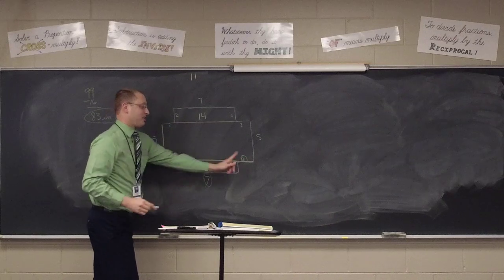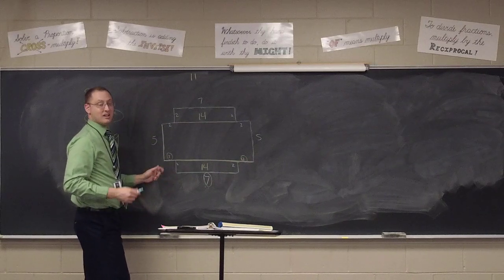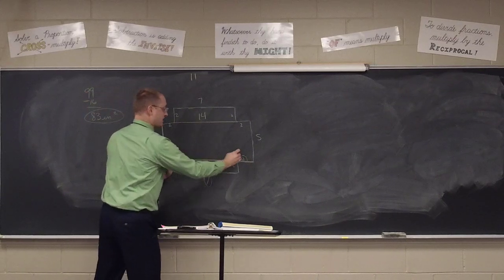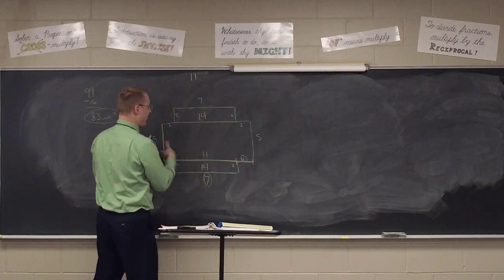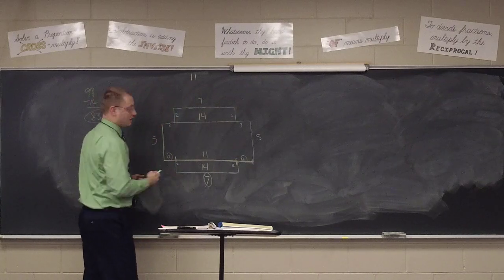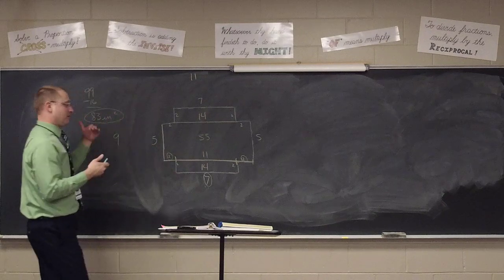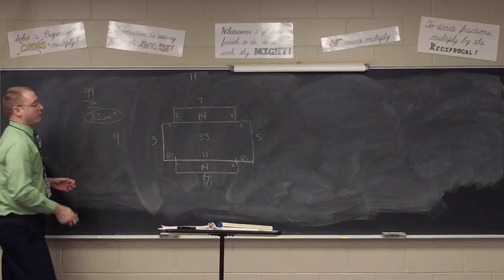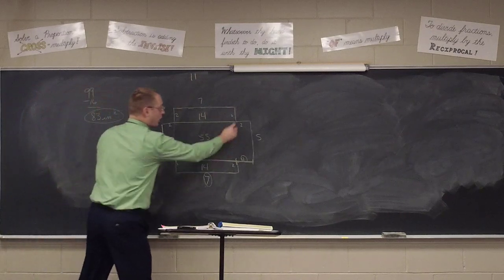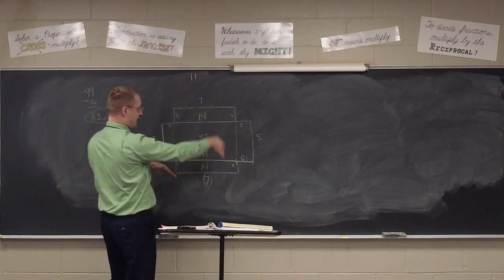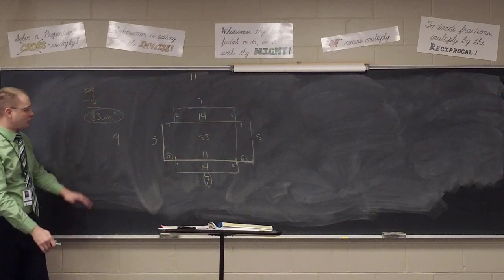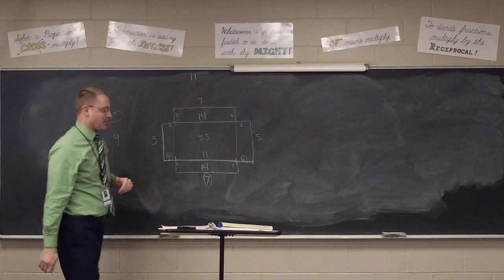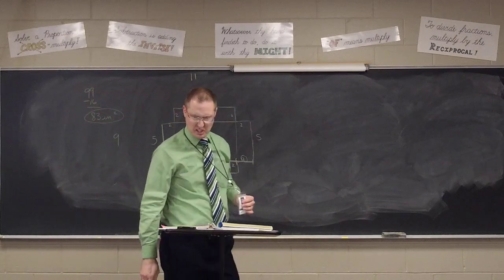All added together. Oh, 11. 11, right? There's 2, then 7 more, then 2 more. So it's a 5 by 11, which is 55. And we should have added 14, 55, and 14 together to get it. Could have also, as an alternative, drawn this to get 10 on the sides, and a 7 by 9, which is 63. So 10, 10, and 63 also would have given you 83 square inches. Does it make sense now?